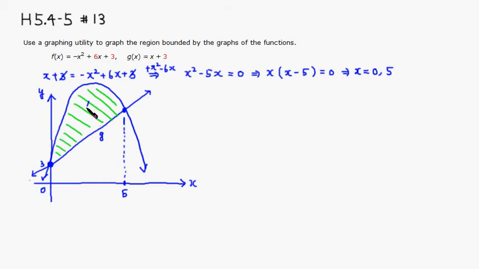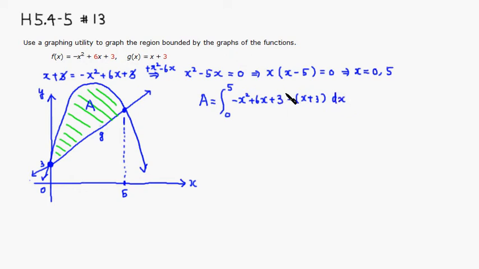So the area of this region A is going to be equal to the integral from 0 to 5. The top curve is the quadratic function, so it's negative x squared plus 6x plus 3. Then we subtract the straight line, which is x plus 3, and then dx.